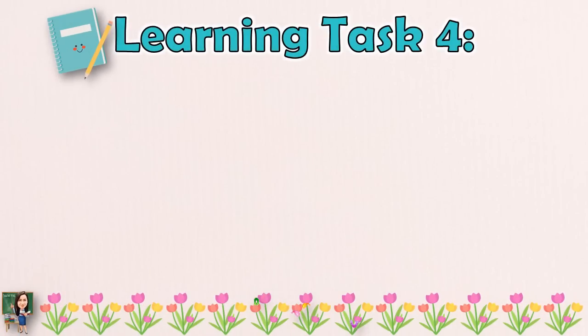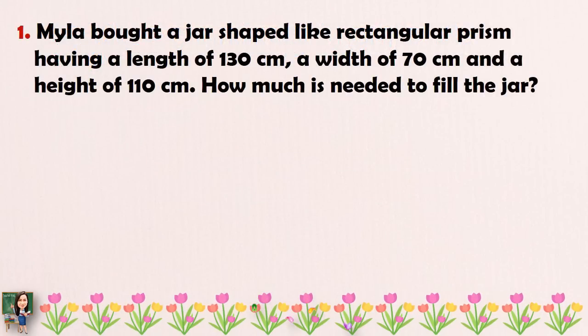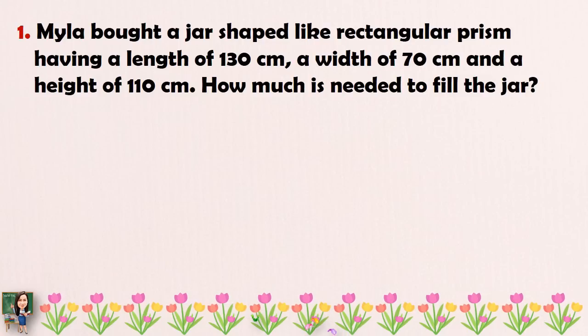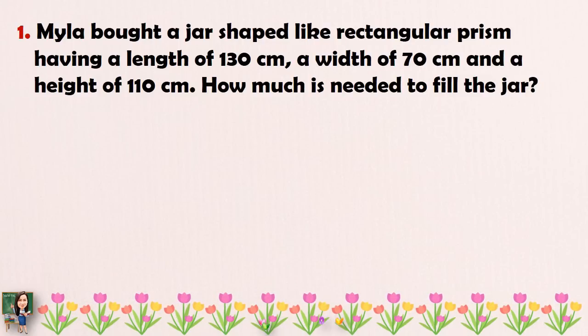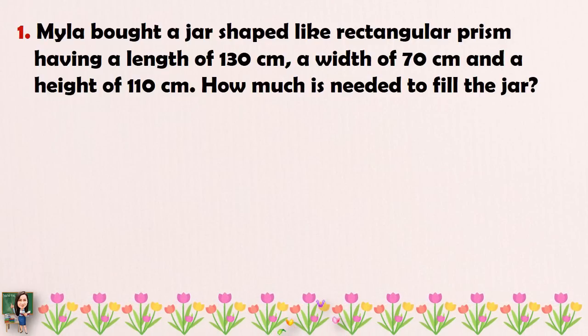For learning task 4, solve the following problems. Number 1. Myla bought a jar shaped like a rectangular prism having a length of 130 cm, a width of 70 cm, and a height of 110 cm. How much water is needed to fill the jar?